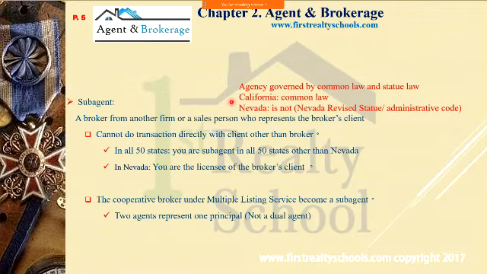And then we need to understand that in California, we are a common law state. Nevada and some other states are different. They have statutes, called the Nevada Revised Statutes or Administrative Code. The state government writes particular codes or statutes for the real estate business.